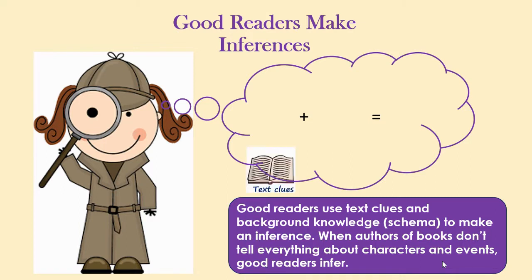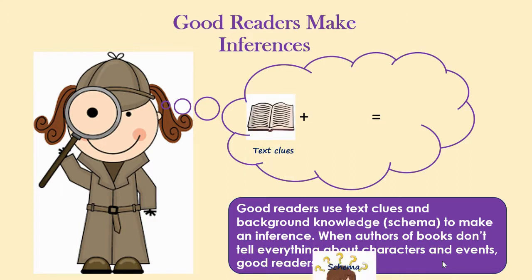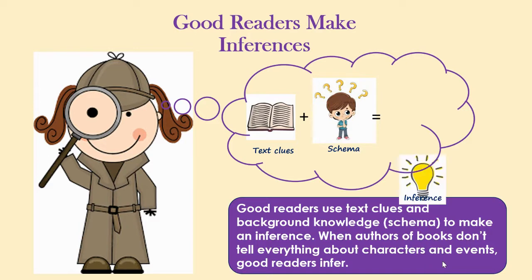Okay, so you should have said that text clues plus your schema equals your inference. So good readers, like Ingrid, like you, use clues that come along in the text, and you put them together with your background knowledge or your schema to make an inference. And when authors of books don't tell you everything about a character and events, that is when good readers infer.